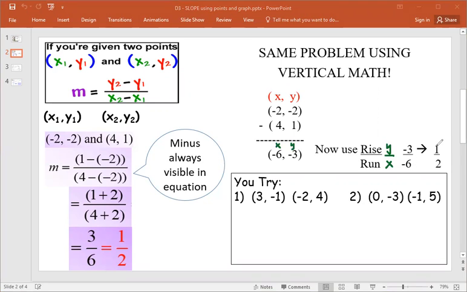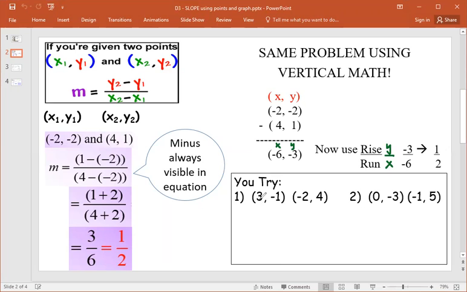And once again, negative divided by negative is positive, and 3 divided by 6 is 1/2. So you can see I get the same answer that I got with the original. Okay. All right. So now let's try, we will do the first problem using the original formula, and we will do the second problem doing the math vertically, so you can have a choice.